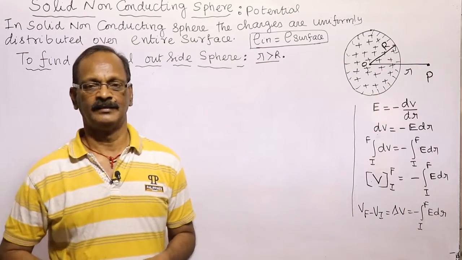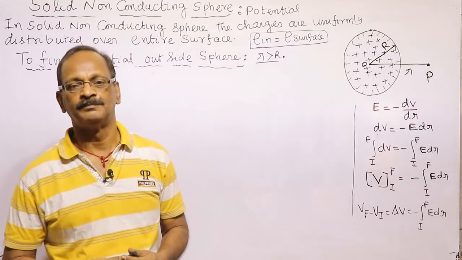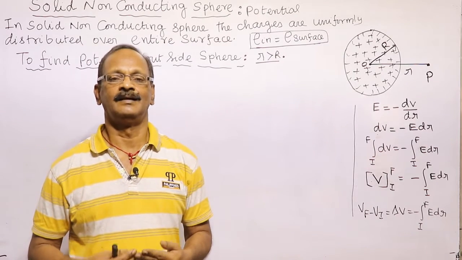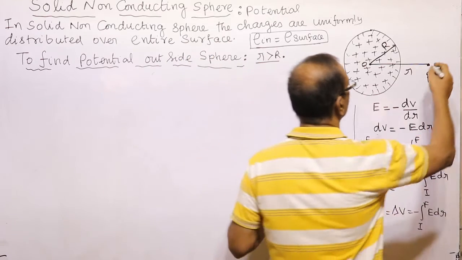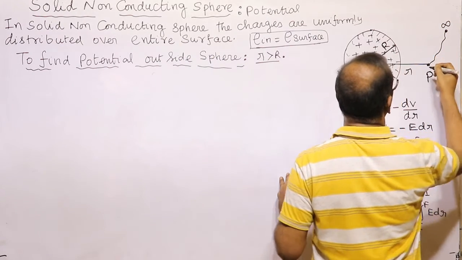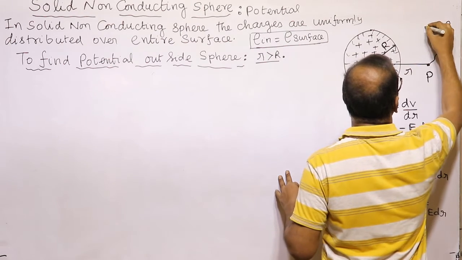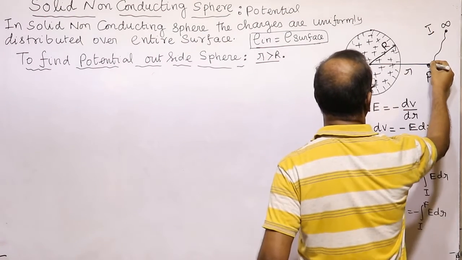Potential means the work done in bringing a charge from infinity up to the point at which we are interested to find the potential. It means from infinity the charge is brought here. This is the initial point and this is the final point.